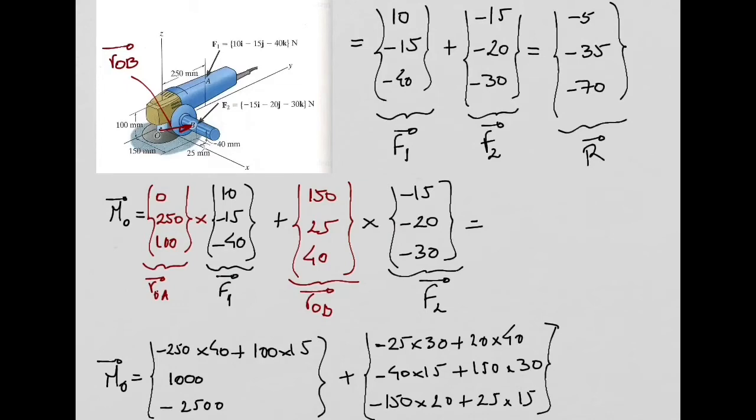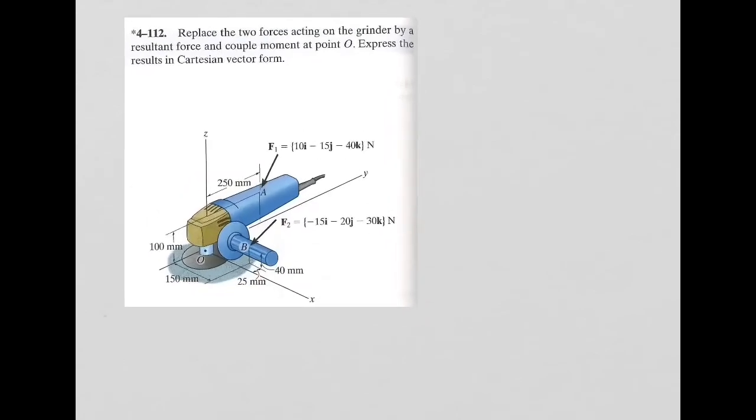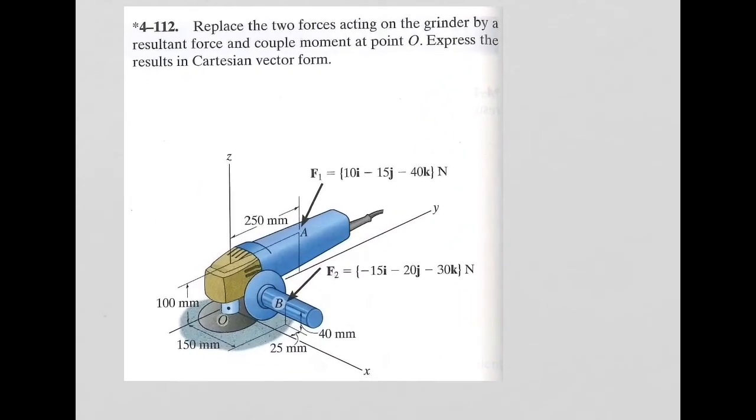So if you now just add these components, you will obtain the total moment, right? Okay, so, and then, at the end, this means what? This means at the end that you basically will replace this system.